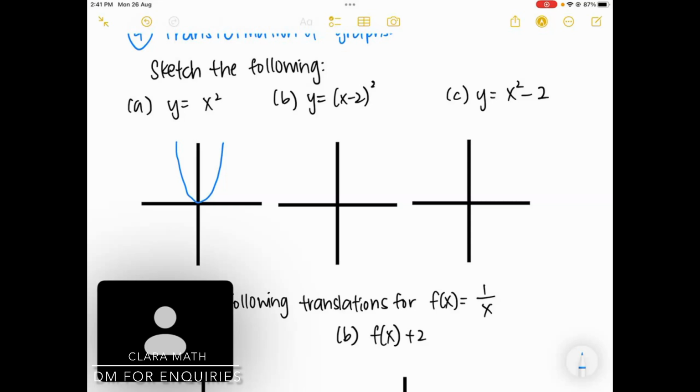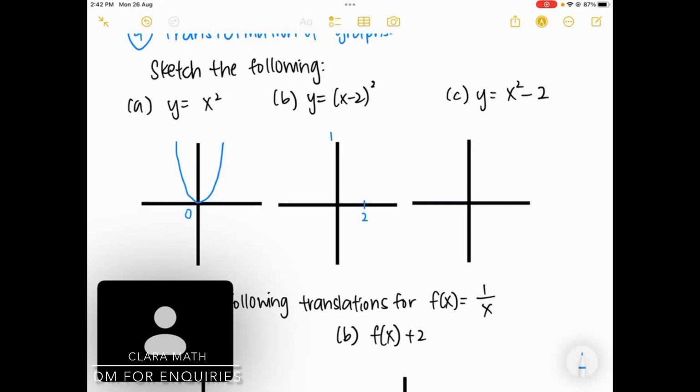So this is like moving the curve left and right on the x-axis, right? But here they put minus 2. For x values, we take it the opposite way. So if they put minus 2, you do plus 2. That means you plus 2 on the x-axis, moving it to the positive side, the right side. So instead of cutting at 0 now, you will have to cut at 2.